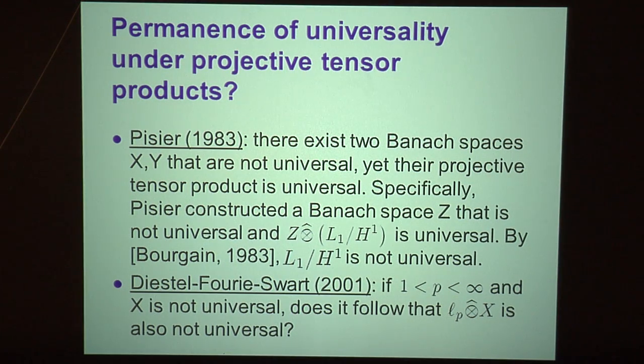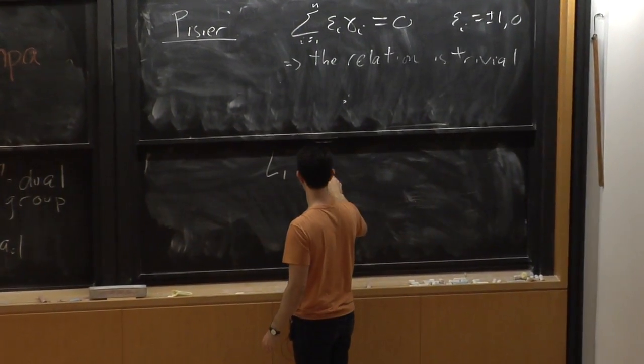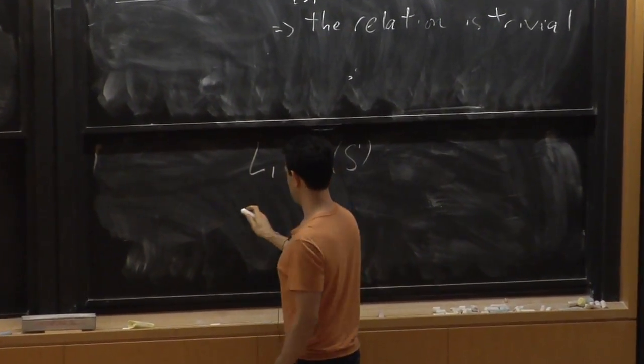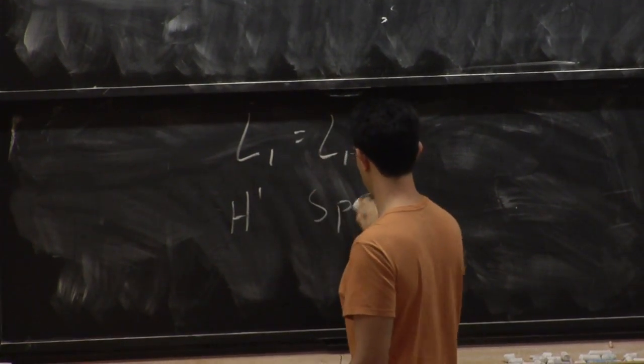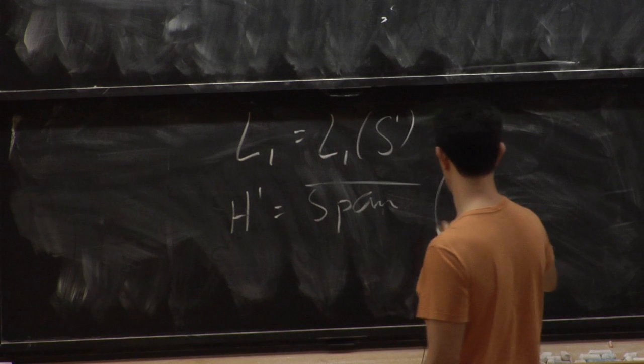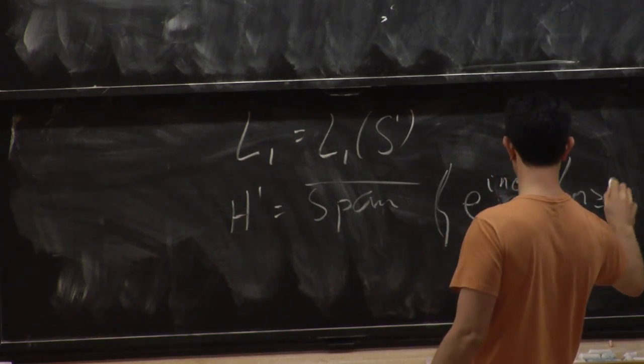And these are really substantial. This is a really substantial construction. So he constructs very cleverly a Banach space Z, such that you take the projective tensor product with L1 over H1. L1 will be L1 of the circle, and H1 is just going to be the closed span of e to the i n theta, where n is non-negative.